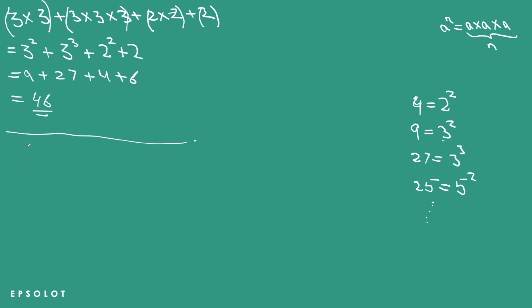Let's say that I was looking at a number of 3 times by 9 times by 27 times by, let's just say, 5 times by 4 times by 25 times by, let's also take 8.